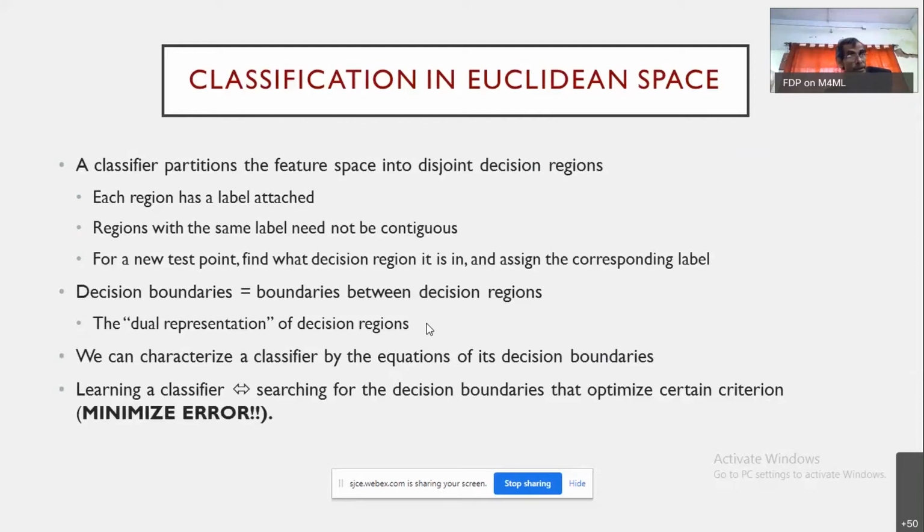So by now you must be clear that a pattern is nothing but a set of features, a set of attributes. So any object can be represented by a vector quantity. Like I said, a human being can be represented by body height and body weight. So these are a two-dimensional vector that represents a human being.